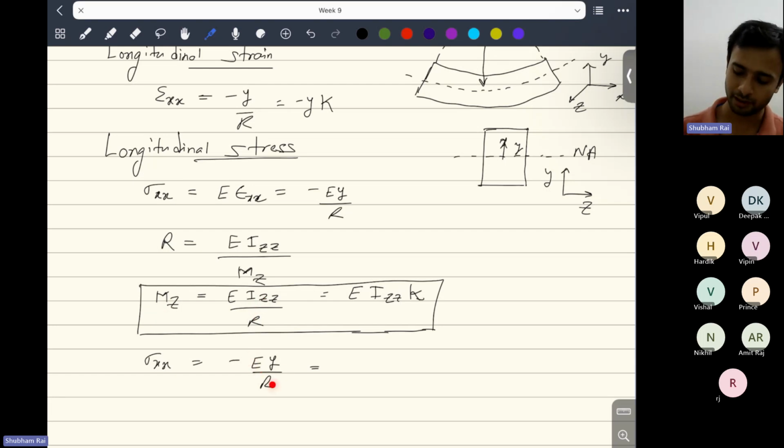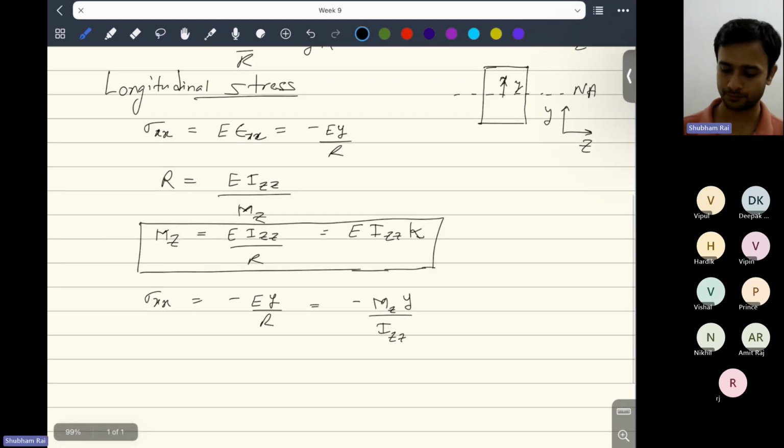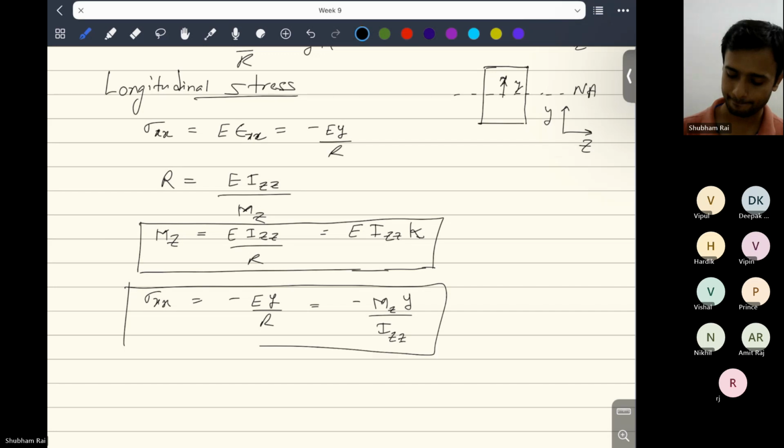So E by R will be M by I. So it will be minus of M Y by E. Sorry, M Y by I. So we'll get M ZZ, or M Z, times Y divided by I ZZ, right? So this is the expression of stress. And this is also known as the bending equation.